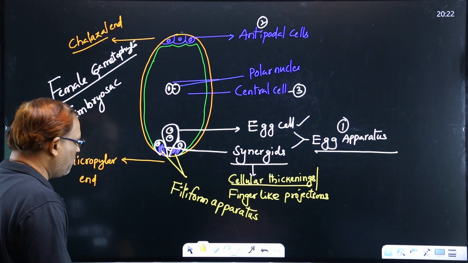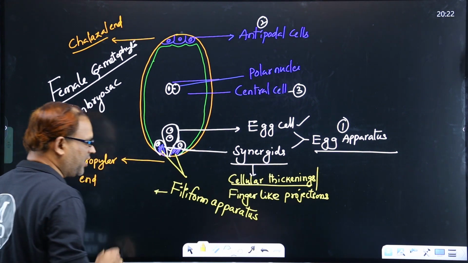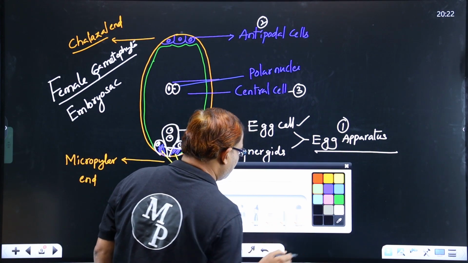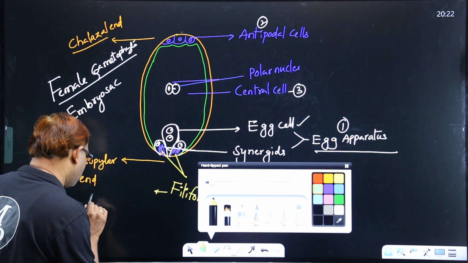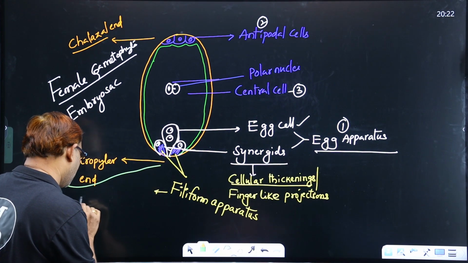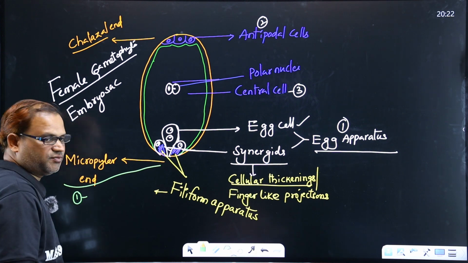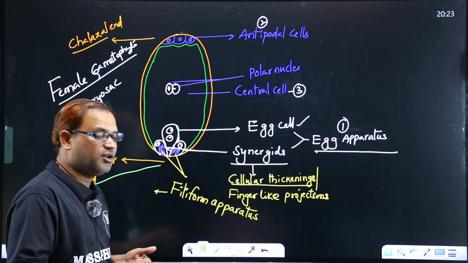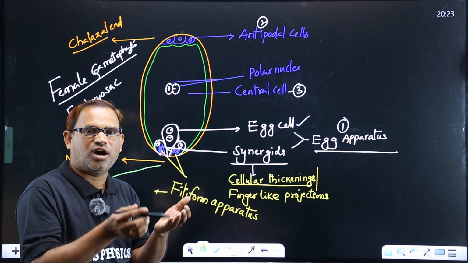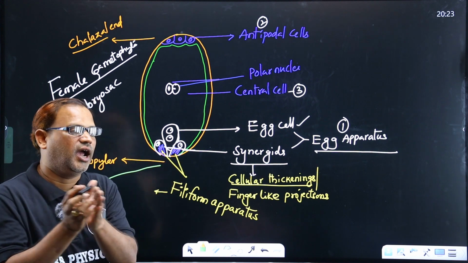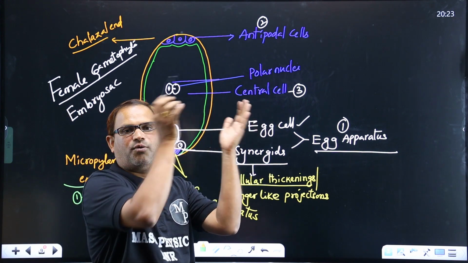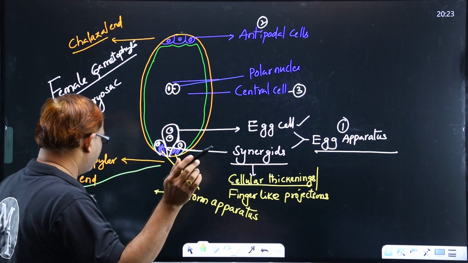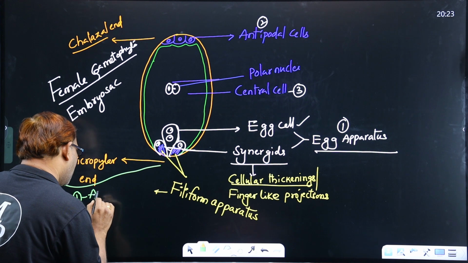Now, what are the functions of the filiform apparatus? The first function is very important: they absorb nutrients from the nucellus and provide them to the developing embryo sac.